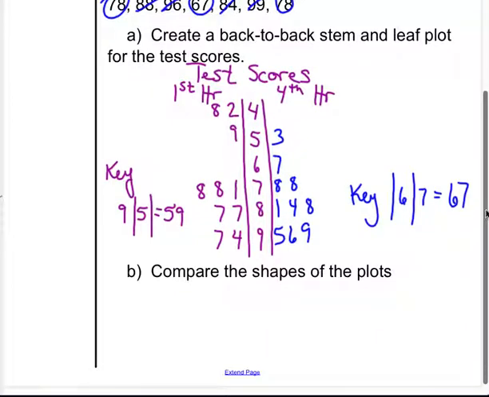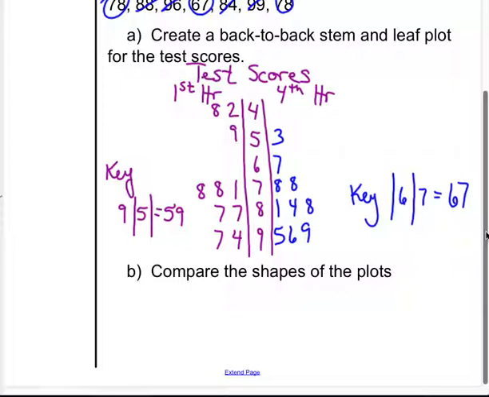Alright, so the last thing we're going to do is compare the shapes of the plots. And this gives us some information about the data. So as we're looking through, on the first hour, I see 3 data values in the lower 2 stems, and only 1 data value in the lower stem for the fourth hour.